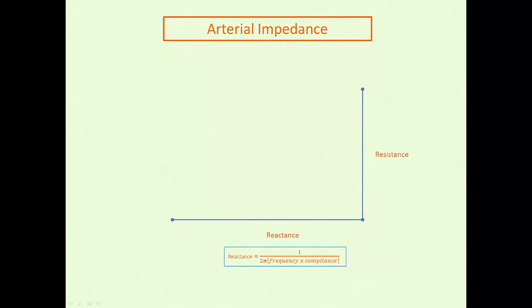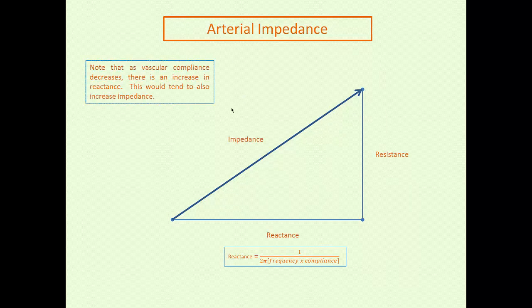This portion is resistance, which follows Poiseuille's law and depends heavily on the cross-sectional radius of the vascular tree; as you increase the radius, you have an exponential decrease in resistance. Impedance is the geometrical summation of these two properties.